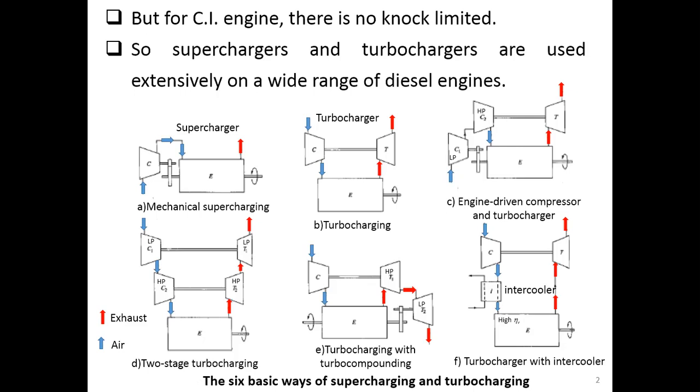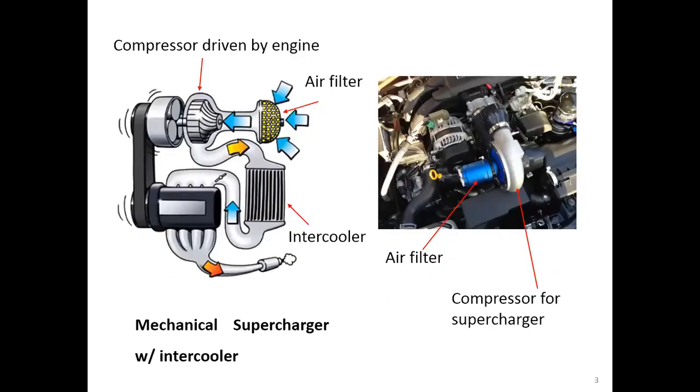So all these are the 6 basic ways to do superchargings and turbochargings. Okay, this picture shows you the mechanical supercharger with intercooler. The intercooler is right here, and our supercharger is here. We call it a supercharger because you can see that the engine delivers the work to our compressor.